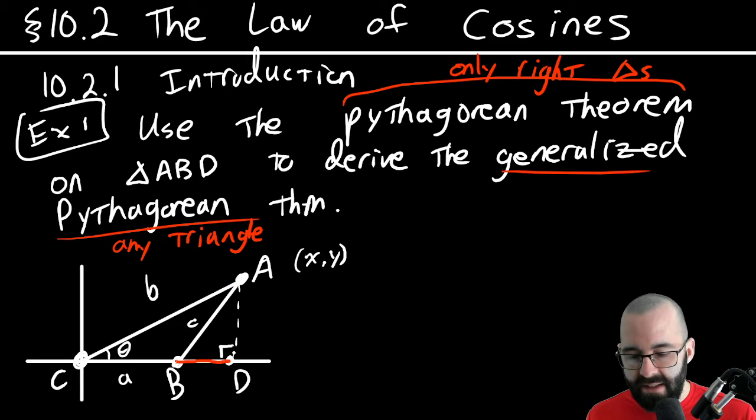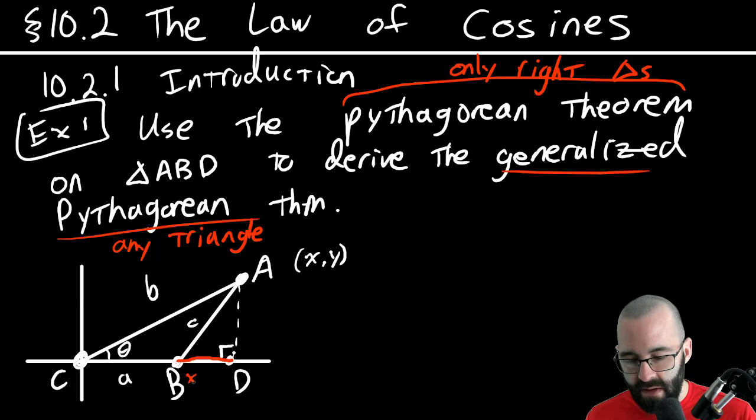Well, what is this distance here? This whole distance is x, but we only want this small distance, so it's going to be x minus a.